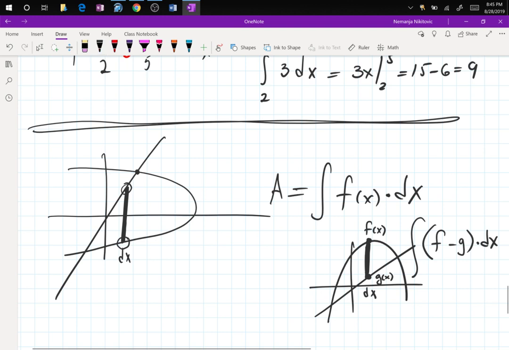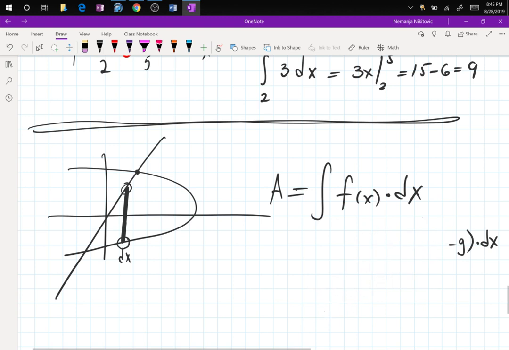Now, what happens, I'm going to erase this because I don't want it. What happens if you are doing the wrong thing over there? Well, you still have a top minus bottom. But as this dx walks over here, which function is it touching on top? F, right? And which function is touching on the bottom? F again, right? Do we see it's a problem?